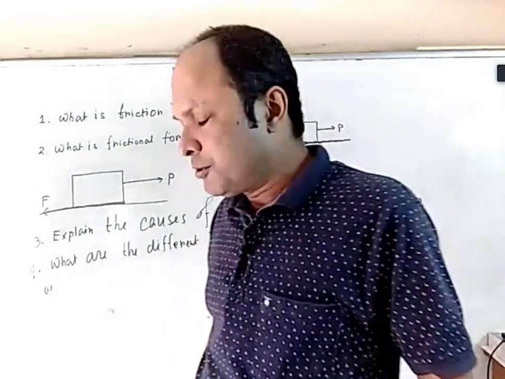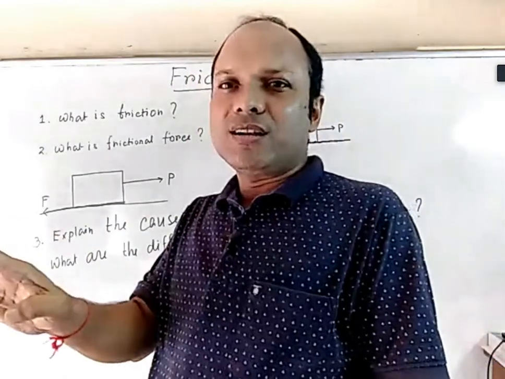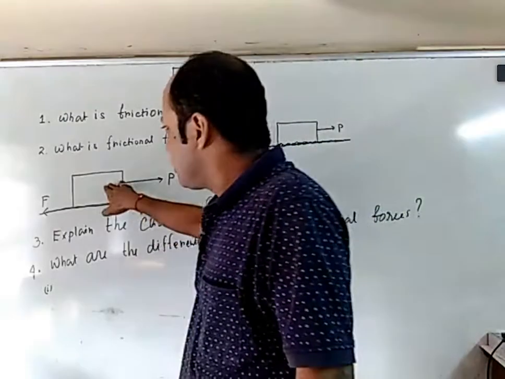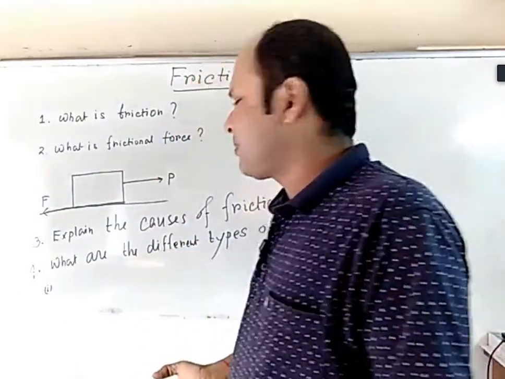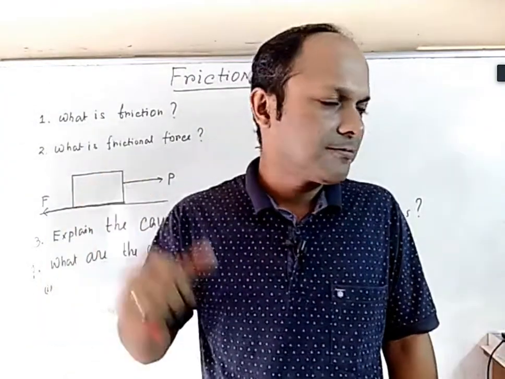That means there is no relative motion still. So 1 Newton force I am applying, 2 Newton, 3 Newton, these forces are not able to move the object in the forward direction.